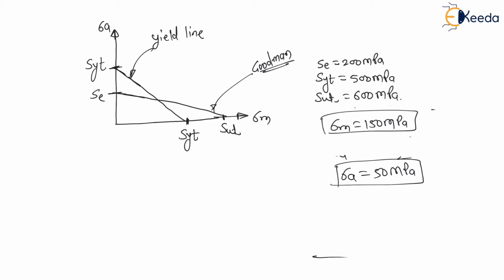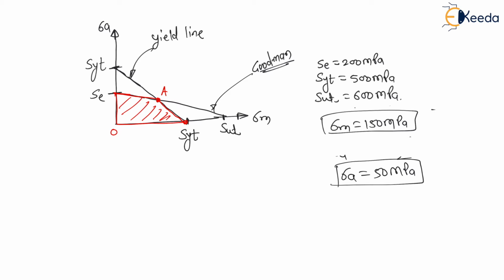This common region runs from SE, let's say point A, up to SYT and O. This red common region is called the modified Goodman region, and any point falling in this region is in the safe zone. So let us solve for this modified Goodman region.